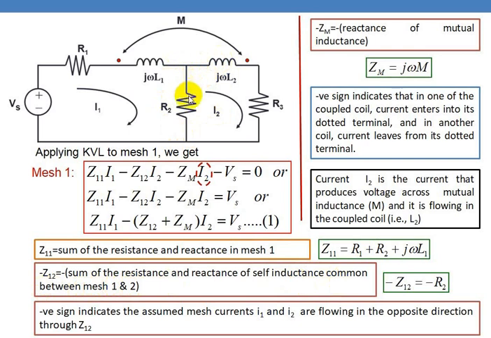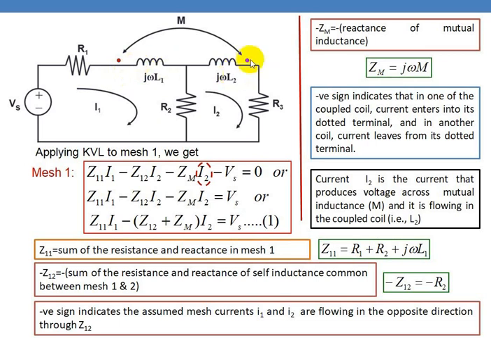Suppose there are two elements in series, you have to add them. The negative sign indicates that the assumed mesh currents, I1 and I2, are flowing in the opposite direction through Z12. And this term, minus Zm, is nothing but the reactance of the mutual inductance, j omega M. Here the negative sign indicates that the current is entering one dotted terminal and leaving another dotted terminal.